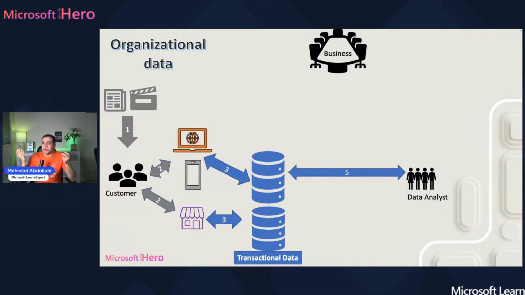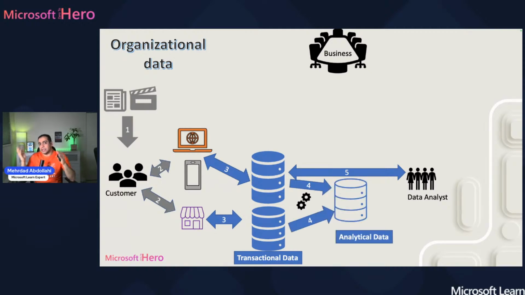And then from there, the analytical data comes in. So we can extract whatever data is required for the analysis. We can gather the data from different sources, or even aggregate it, and then store it somewhere in another database.